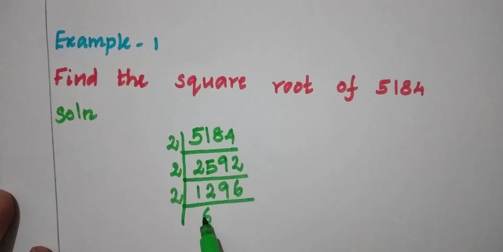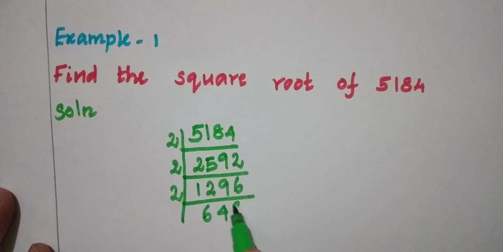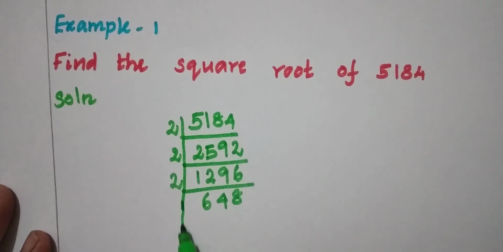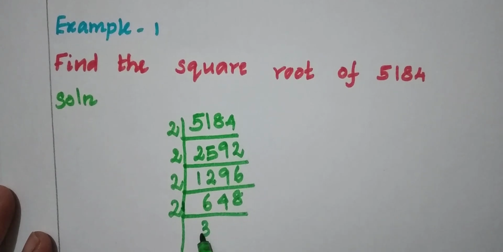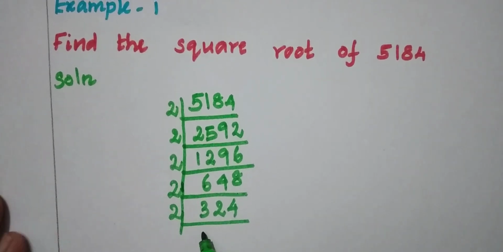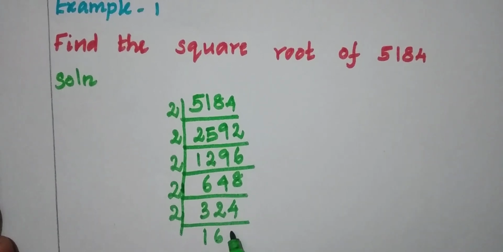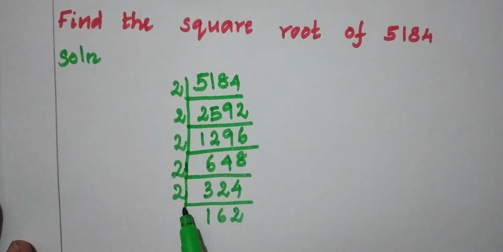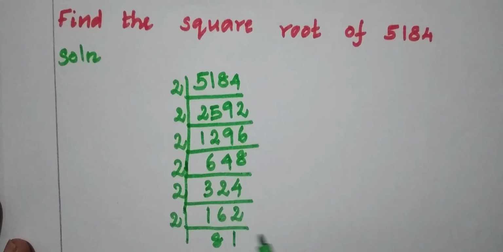Here 6 2s are 12, 4 2s are 8, remaining 1, 8 2s are 16. 3 2s are 6, 2 2s are 4, 4 2s are 8. 1 2 is 2, remaining 1, 6 2s are 12, 2 2s are 4. 8 2s are 16, 1 2 is 2.